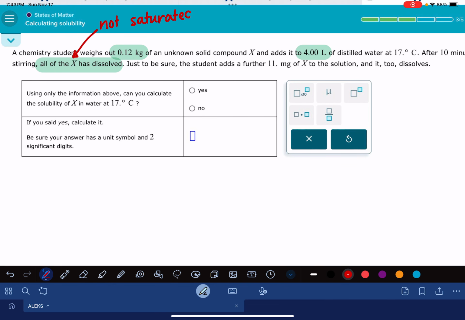Just to be sure, the student adds some more X and it also dissolves. If it's dissolving, not saturated. So this is a no, we cannot calculate solubility. You can't calculate the solubility when everything dissolves. There has to be some undissolved solid or crystals or a precipitate.